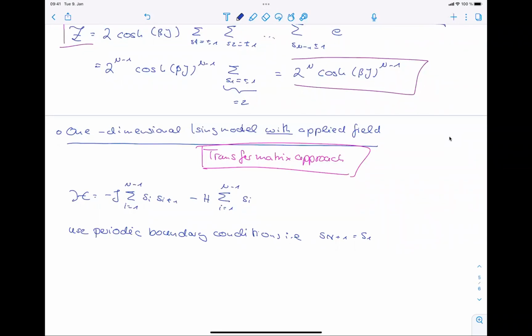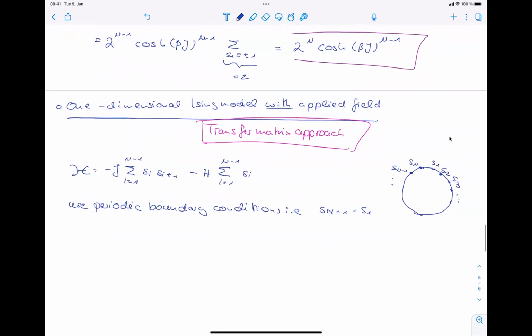If I look at the spins on this lattice that forms the circle, I would go from S1 to Sn, and then I'll be back at S1, S2, and so on.